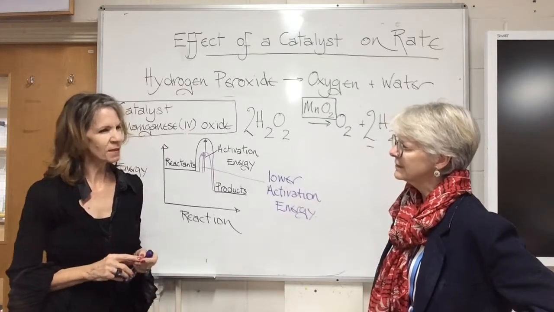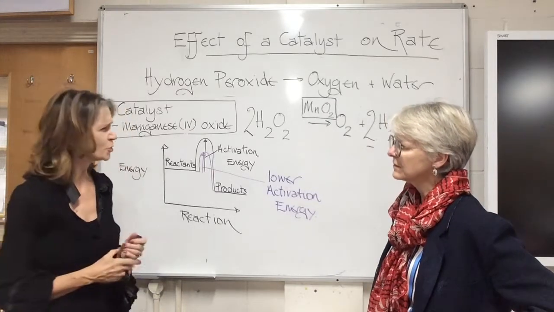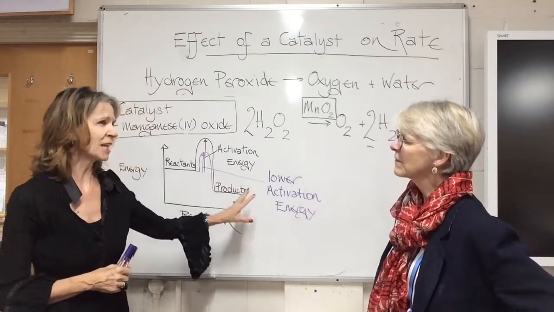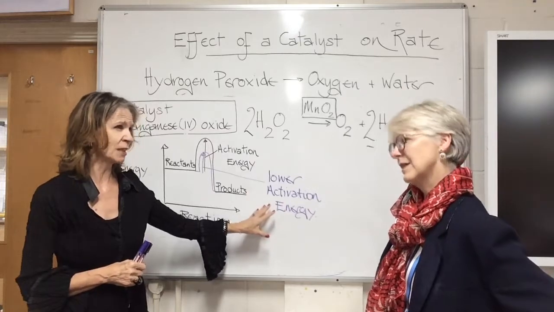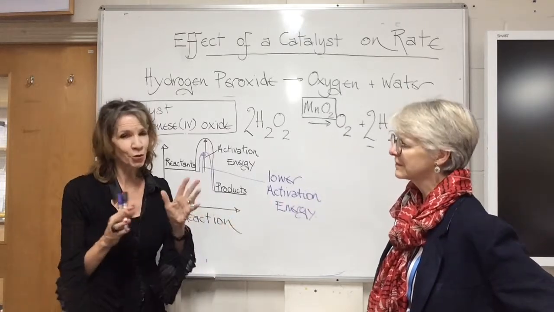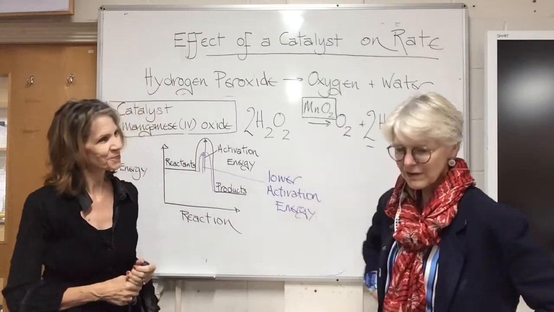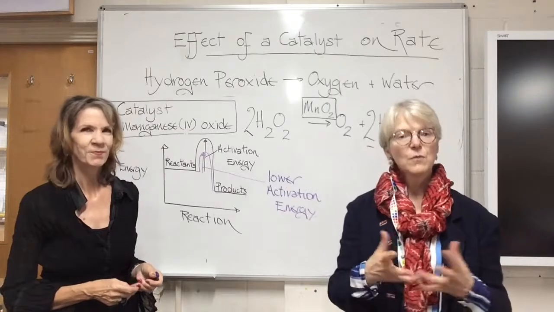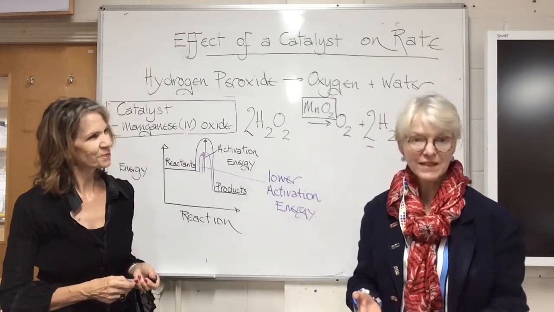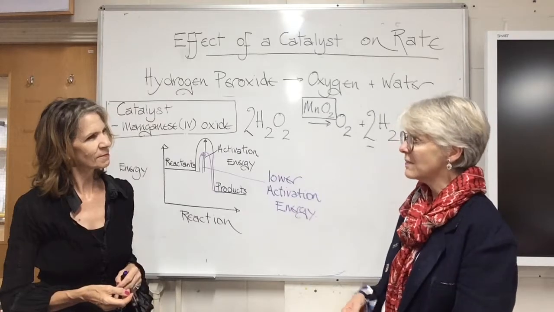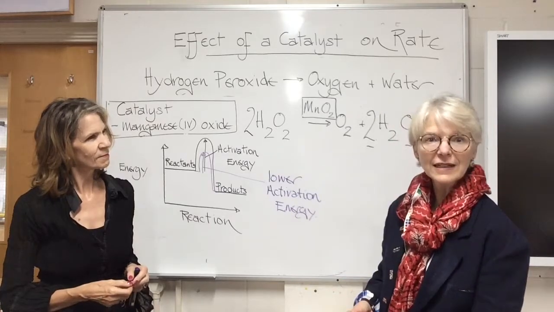Well, it means that in a reaction you're going to have more particles which have the activation energy, in order to have more successful collisions per unit time. Absolutely right, because the activation energy required is lower, so more of the particles are likely to have that amount of energy, therefore there'll be more successful collisions per unit time, and that is how your catalyst works.